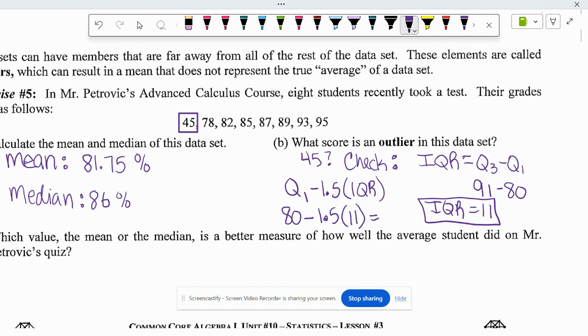What does that give me? 63.5. So that means that any number that is below 63.5 is an outlier. So is 45 an outlier? Yes. And we proved it, okay?